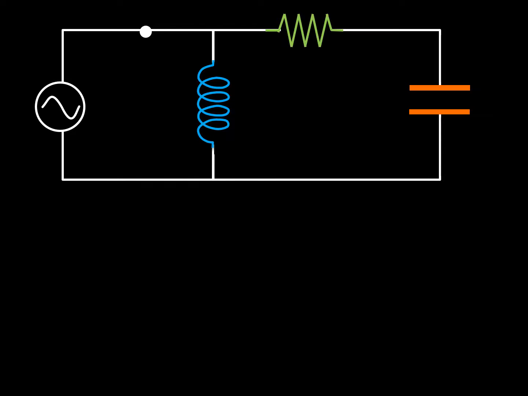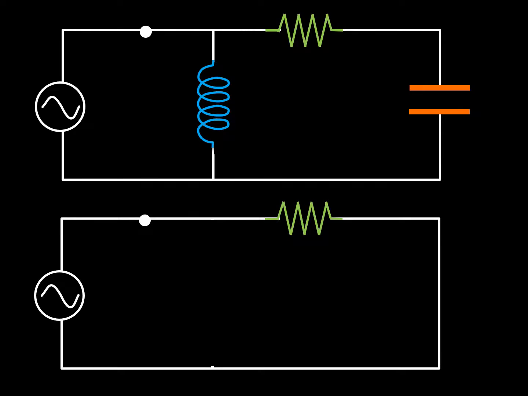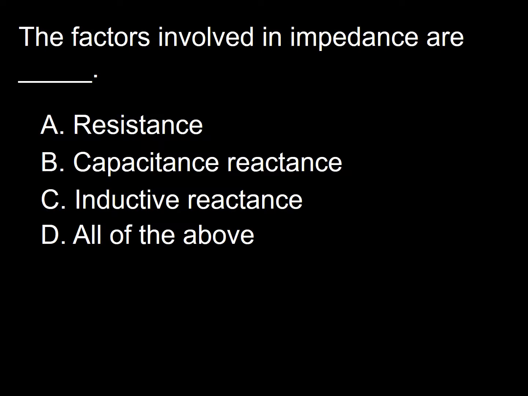Inductive reactance is also encountered, although to a lesser extent, in purely resistor circuits, as long as the power source is alternating current. This is so because all resistors circuit have some inductive reactance. So the answer to this question is D.